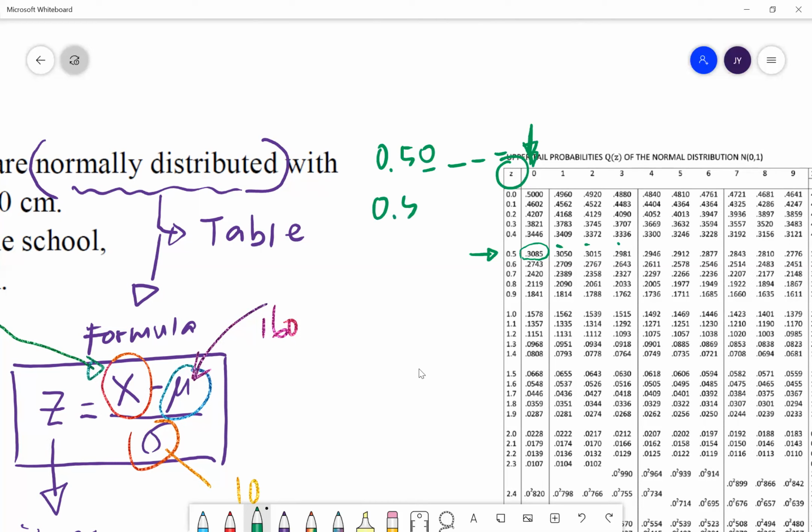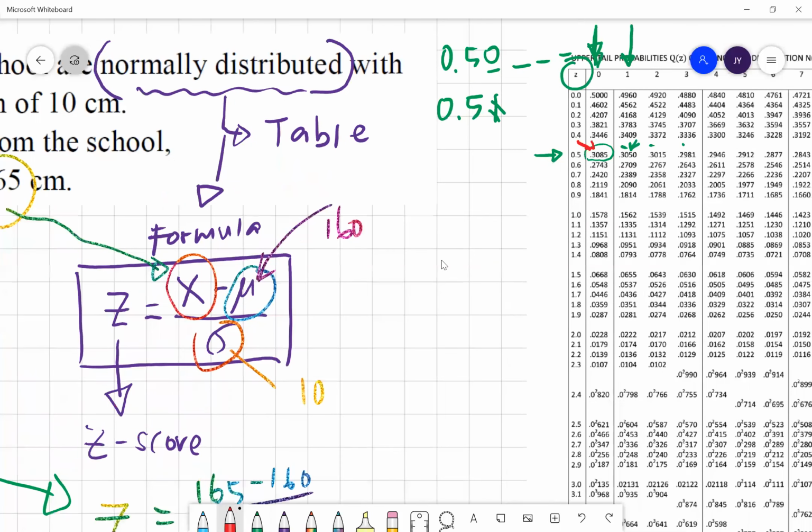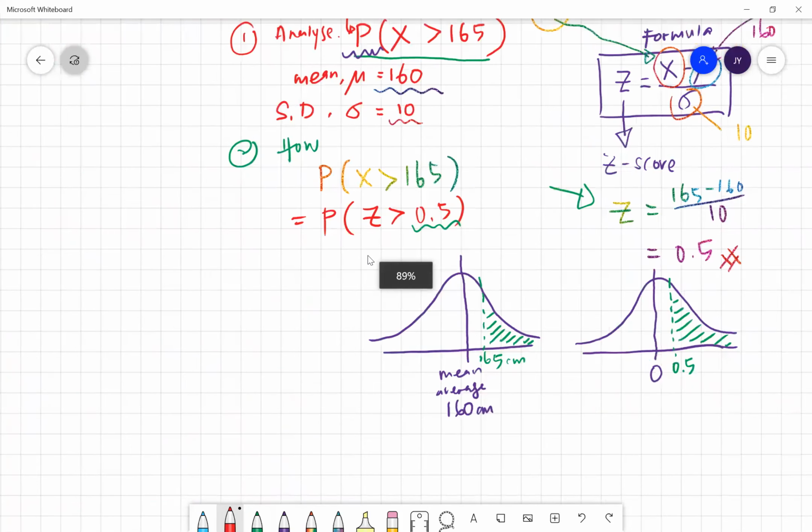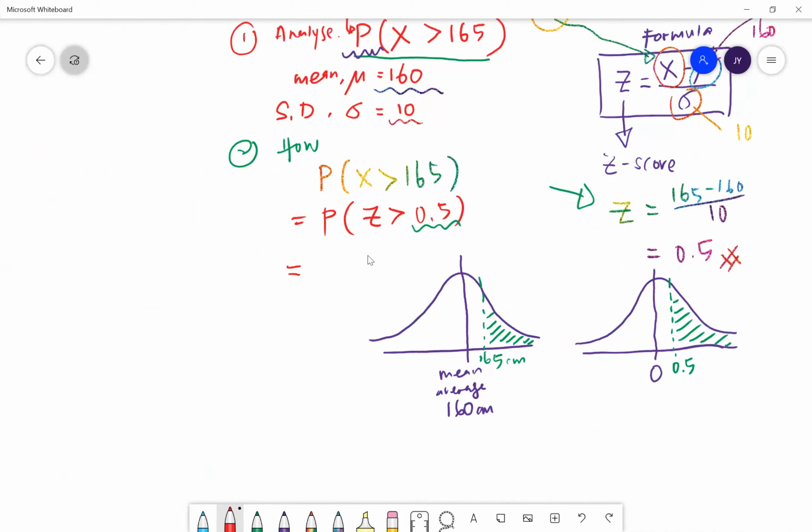If the digit behind is 1, I will look at the 1 column, then I will choose this, 0.3050, as my answer. But because the digit behind is 0, nothing, I will use 0.3085. The final answer comes out. So the probability is 0.3085. This is the final answer.